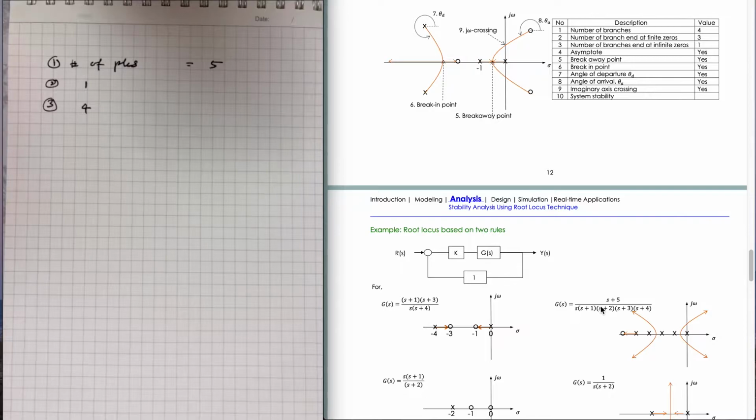So we need the directions of the root locus so that we can point to those directions. So we have 4 unknown directions.